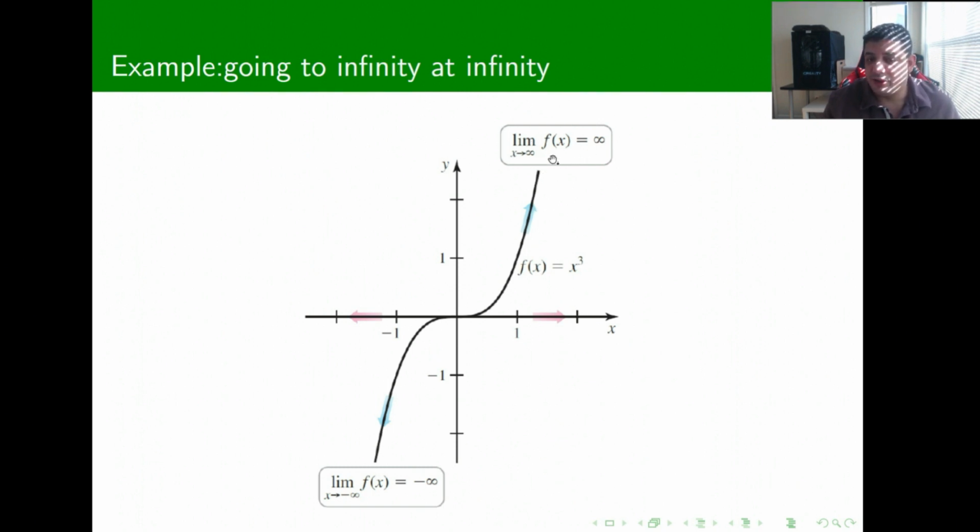And in this direction, when x goes to infinity, then x cubed goes to infinity. And in the opposite direction, if I take a negative number, so if the negative number is large, minus a million cubed is something super large and negative as well. So this is going to go to minus infinity.